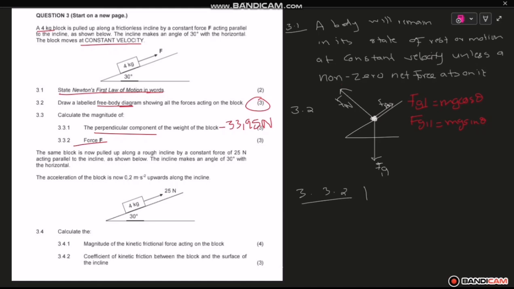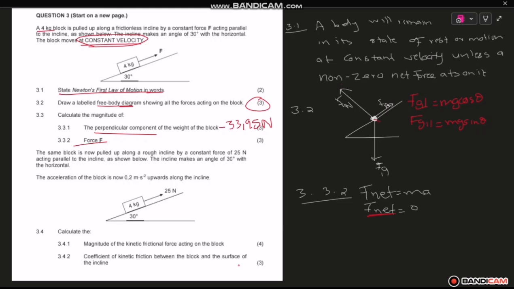F net equals ma, and we are told that the block moves at a constant velocity. That makes F net 0. Why does ma become 0? Because m times 0 is 0. There's a mark for that. Then the forces that we must substitute on the F net part are forces that are parallel to the direction of motion.